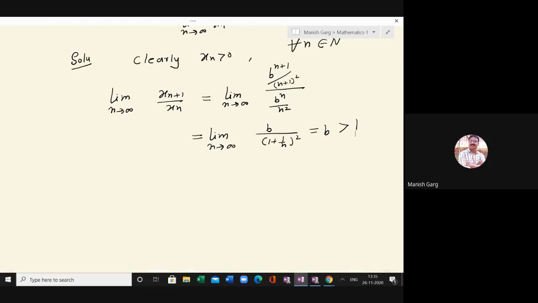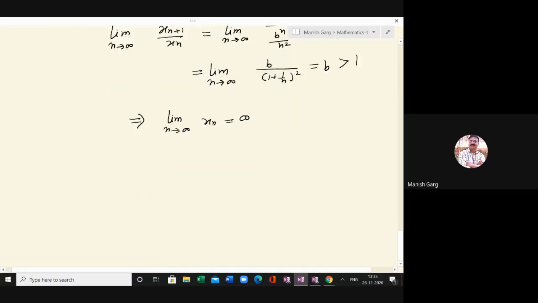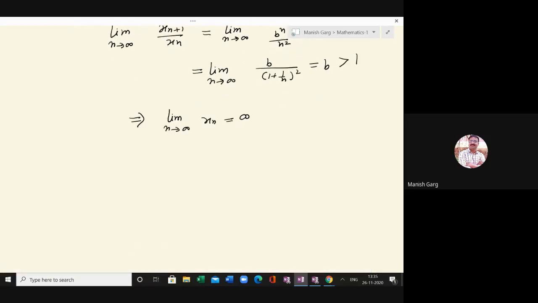The limit is greater than 1, so you can write limit n tends to infinity xn is equal to infinity. So these are examples based on the ratio test.